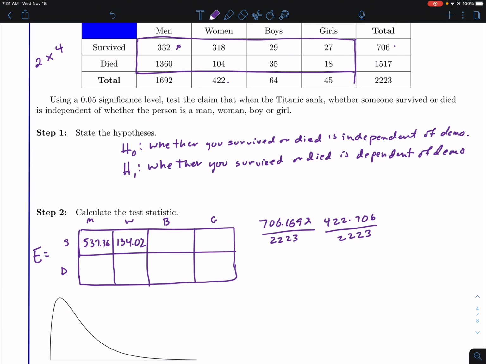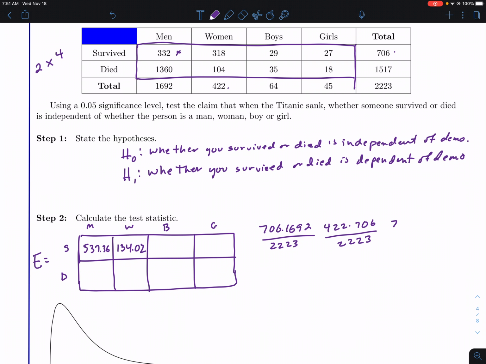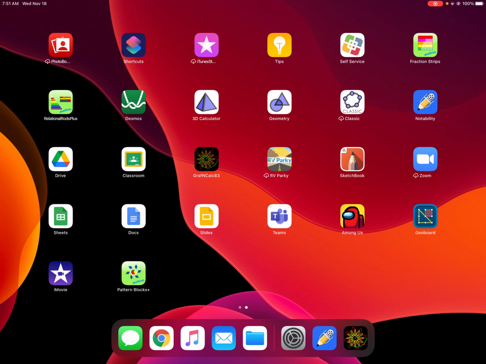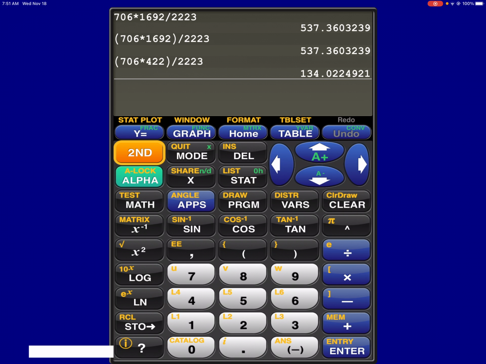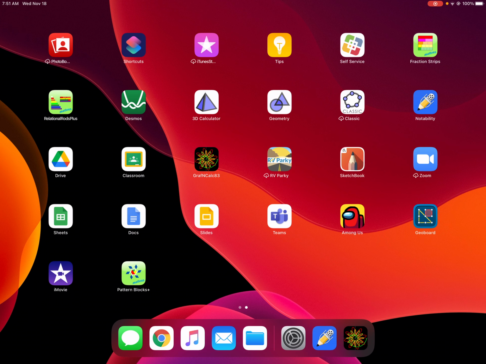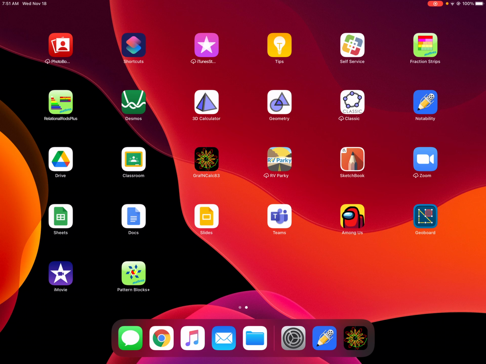And then boys, we're going to get the 706 again, times 64, all divided by 2223. So again, if I go back, I can just replace that one number. So 20, just 20 pretty much even. Oh, except I use 63 instead of 64.